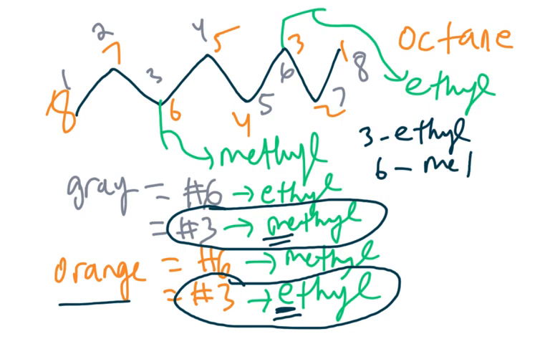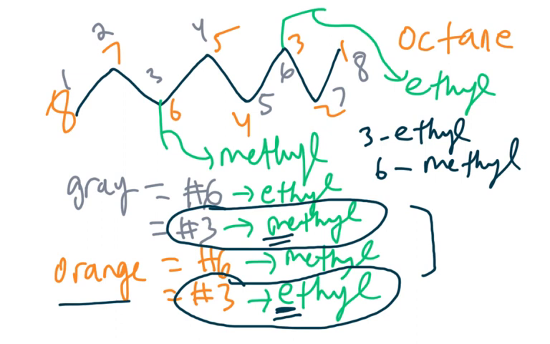We're not following the gray because we just compared the two, right? What you care about is the least number carbon, which is 3 for both, because 3 is less than 6. For the gray numbering, the 3rd carbon had a methyl substituent, and for the orange numbering pattern, the 3rd carbon had an ethyl substituent. And we know that E comes before M in the alphabet, so that's why you choose the orange numbering pattern.